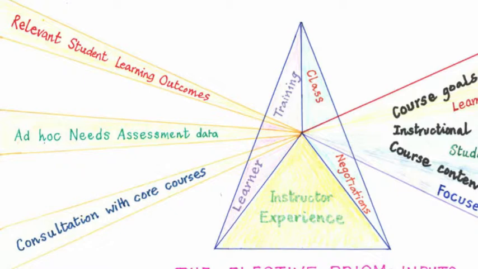Secondly, as always, we should do an ad hoc needs assessment, which means sitting down at the beginning of the course with the group that has assembled and talking to them about why they chose this particular elective, what they want to get out of it, what particular language areas, skill areas they want to work on, and so on. And then finally, it's important as an elective instructor to have some sort of interaction with core course instructors.